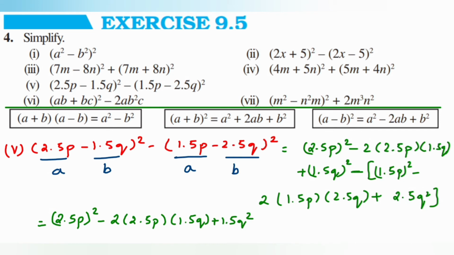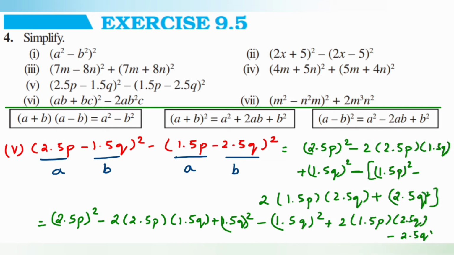So we'll get minus (1.5p)², then plus 2 × 1.5p × 2.5q, and then minus (2.5q)². Okay, now we'll search for the like terms here which we can cancel.